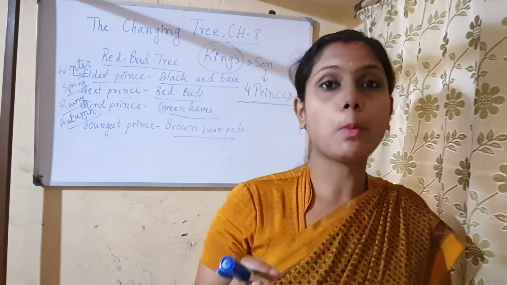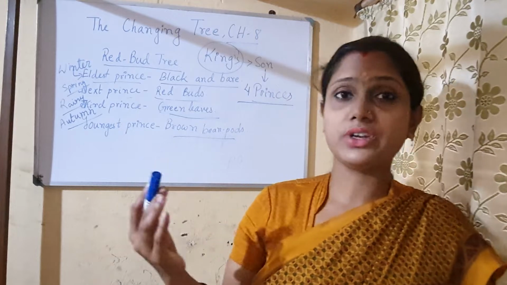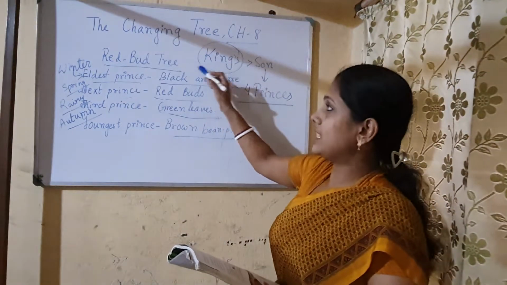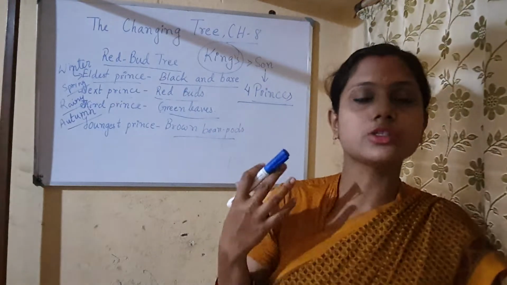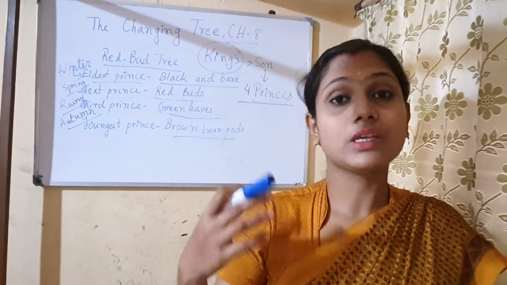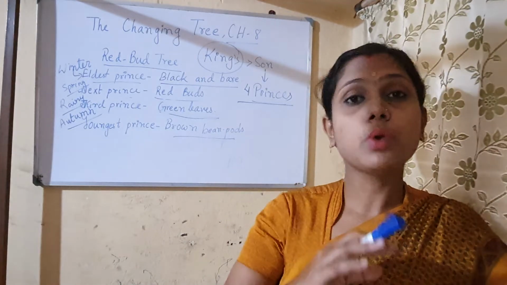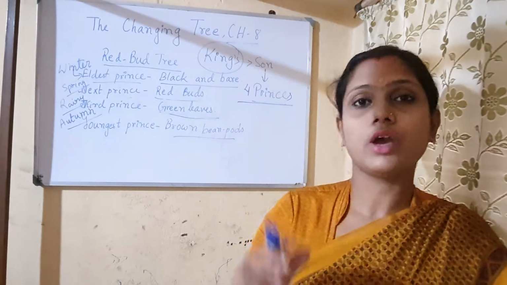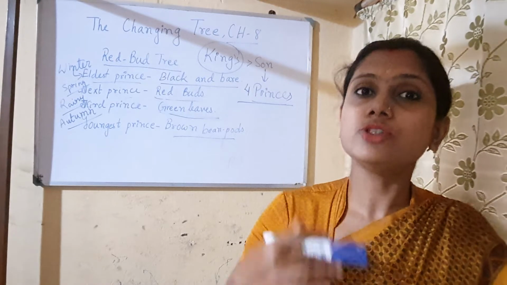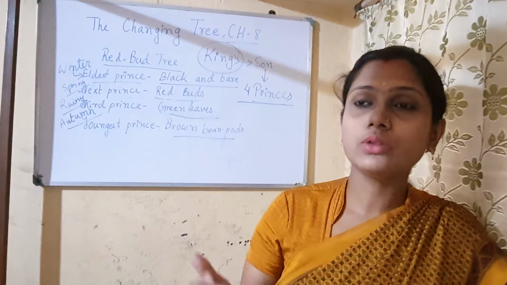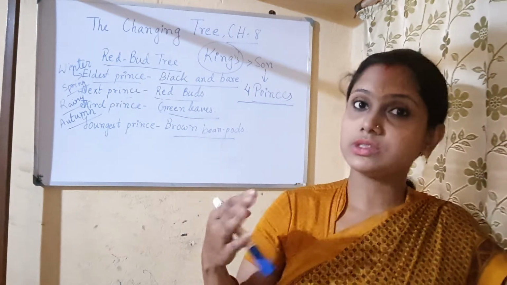So what was the problem behind this change taking place in this tree? It is because of the season. The king solved their problem by telling them, you have all seen the same tree, but you have seen it in different seasons, different times of the year. And you know the tree changes according to the season.